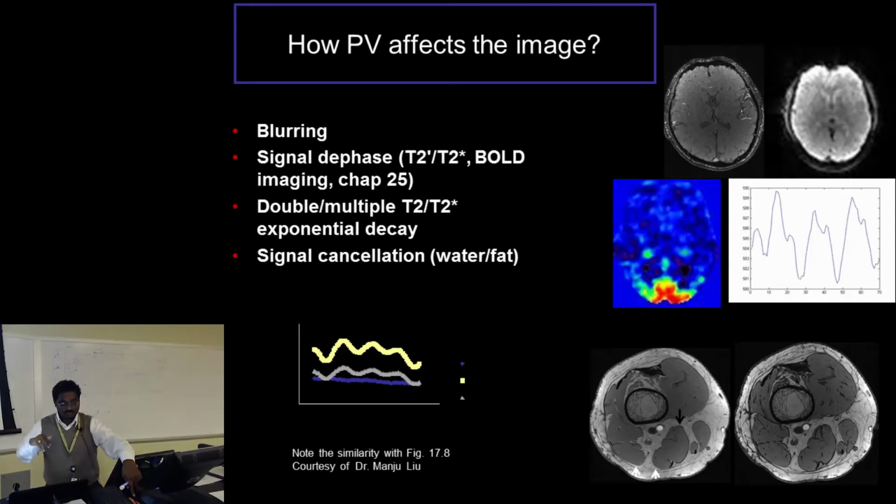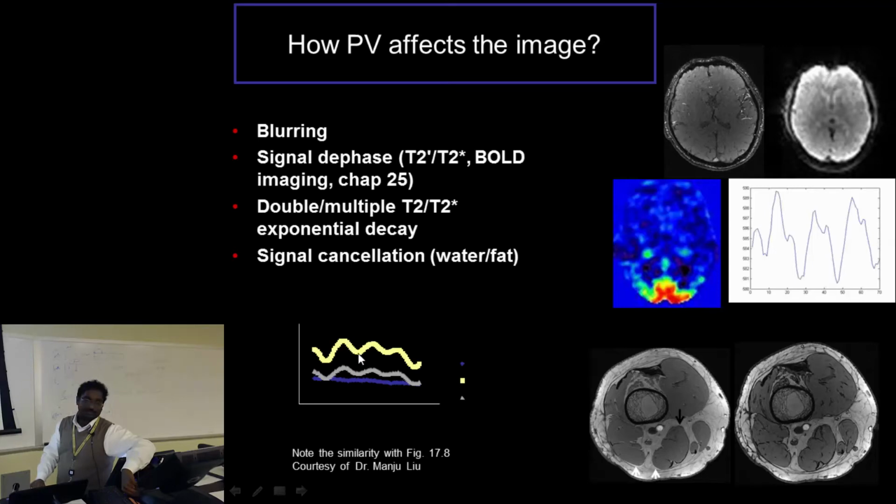basically the precession frequency of fat is slightly different but fixed. It's not spatially varying. Within fat, the precession frequency is different from water. So it's like two rotating vectors which are slightly out of phase, out of sync with each other. At some point they will constructively add up.